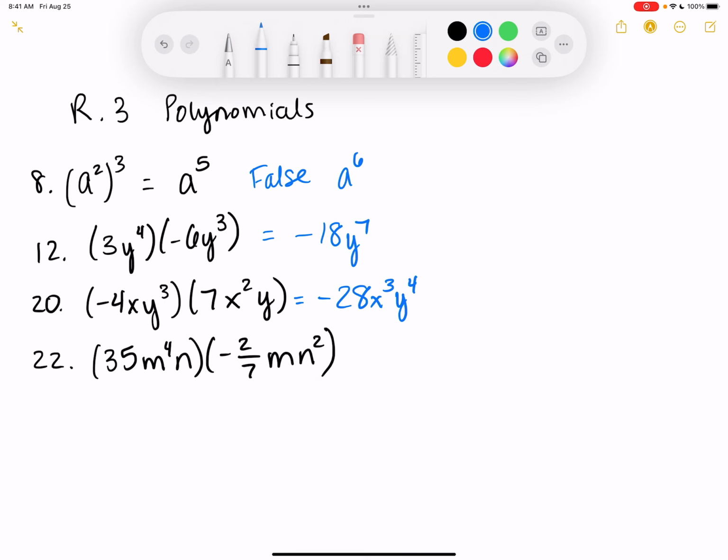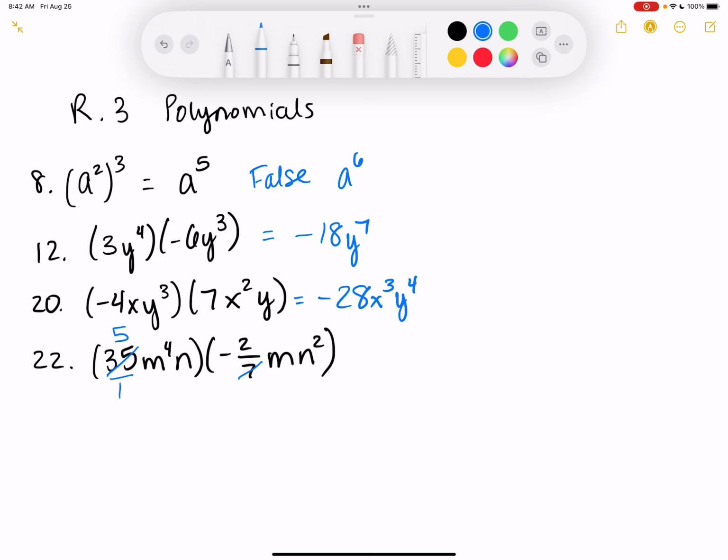You can either rewrite this and do 35 times negative 2 over 7. But if you want, just to save a step, we can act like this is 35 over 1. And so when we're multiplying this times the negative 2 over 7, we can actually cancel out a 7 out of 35, and that gives us 5.